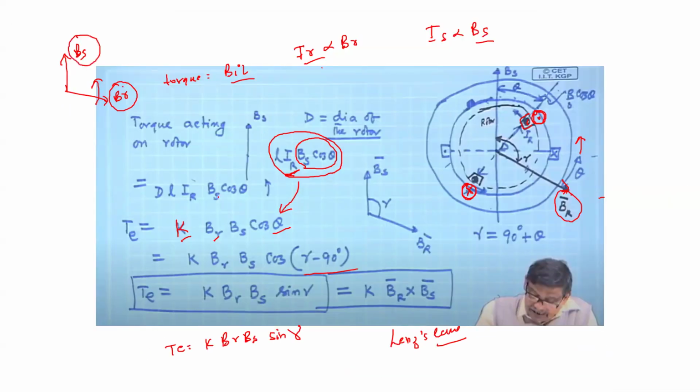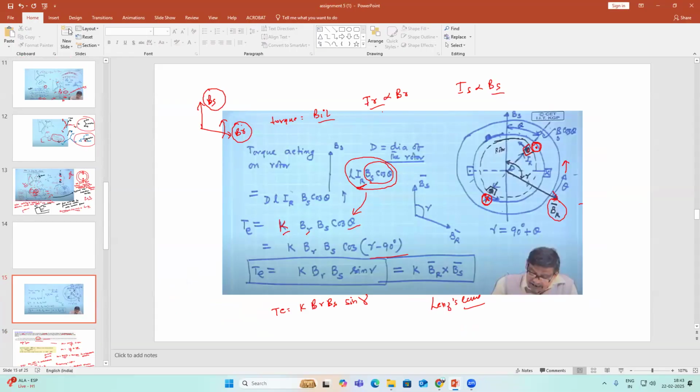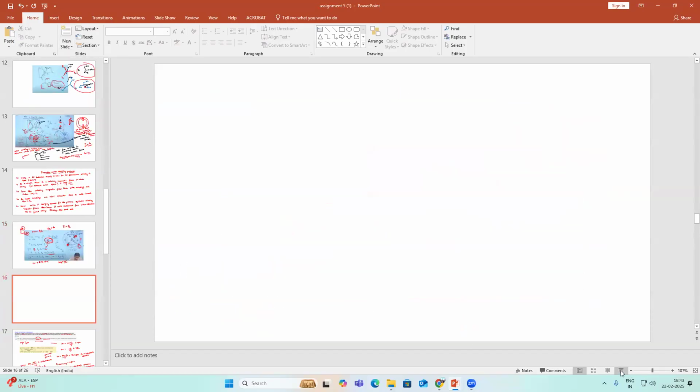I'll write down some new things. First of all, E2 rotating is slip times of E2 stationary. Then F2 is slip times of F1. F1 is the supply frequency.